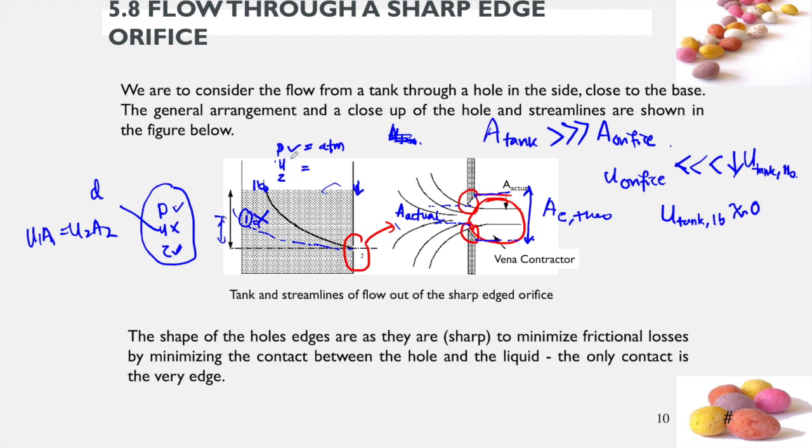Then the velocity at point 1B is equivalent to 0 meter per second. What about Z? Yes, Z is already given in this question. So here we have pressure, velocity, and elevation. Therefore, we can use point 1B and point 2 to find the velocity at point 2.